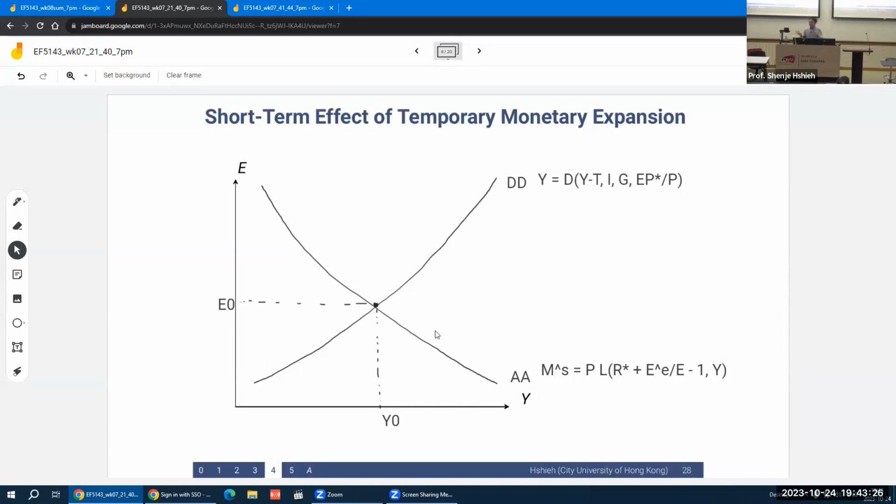I just wrote out the equilibrium equations for the financial markets and the equilibrium equation for the real economy.